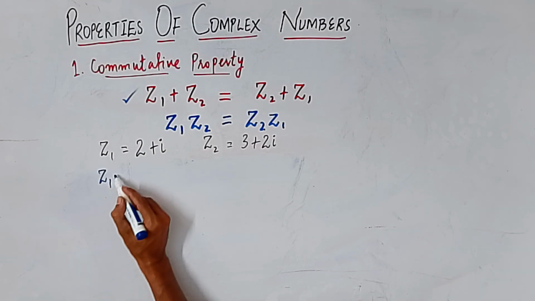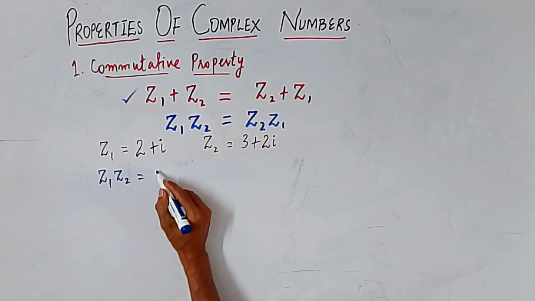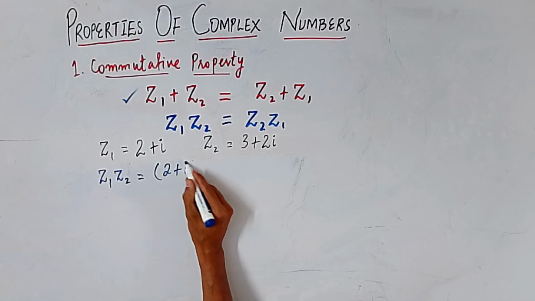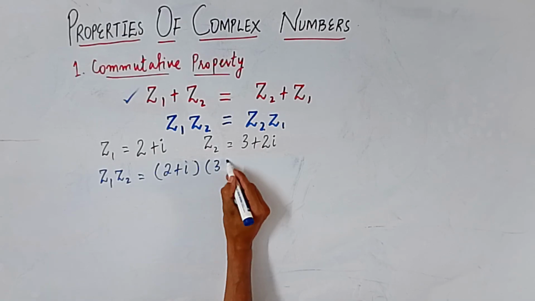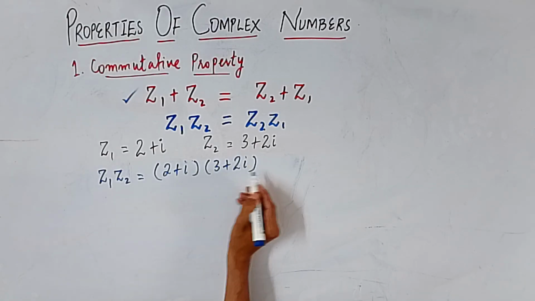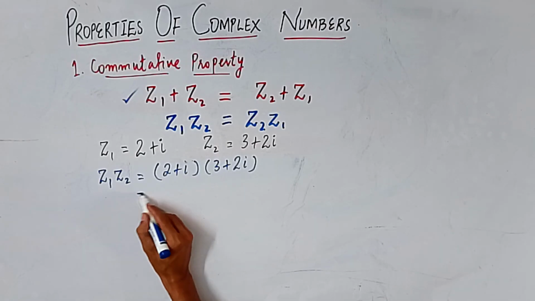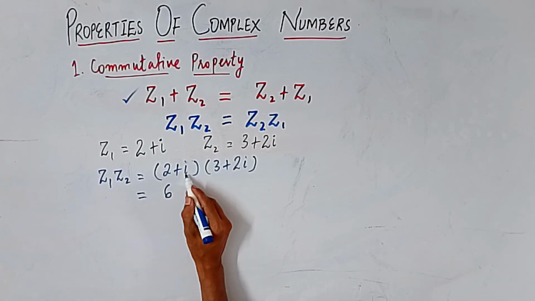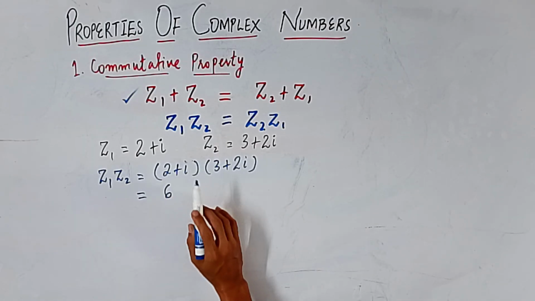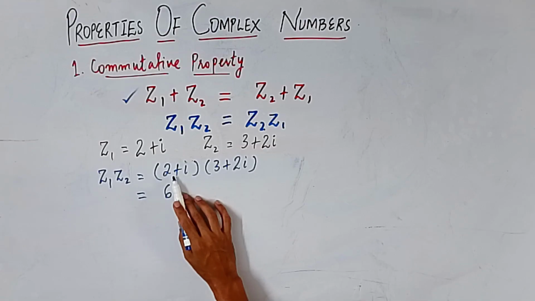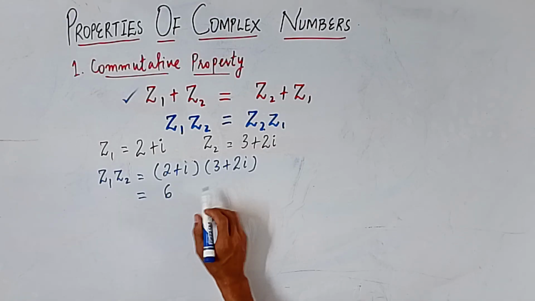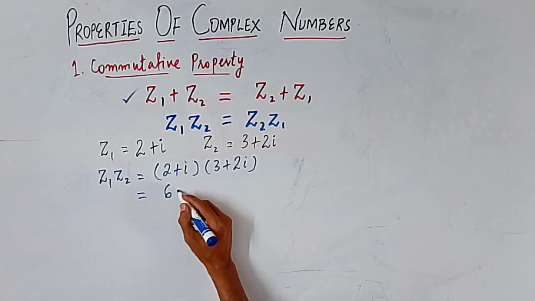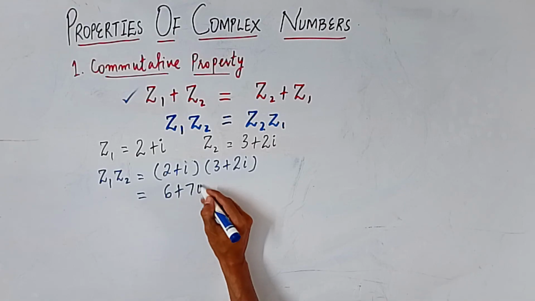For example, if we are finding z1 multiplied by z2, we use the concept of expansion. 2 multiplied by 3 will be 6. Then 2 times 2 iota is 4 iota, and 3 ones are 3 iota. So together it will be 7 iota.